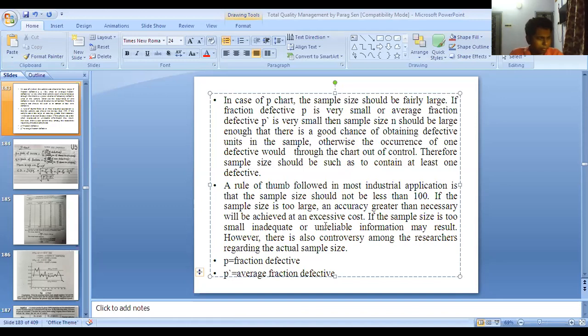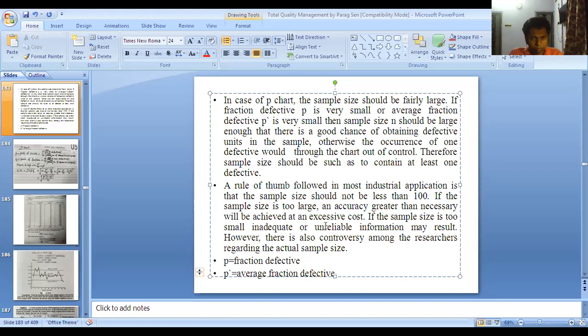It can happen. And another thing is that if you choose a very large sample size, then obviously the scope of having defective items will be more. But in that case, you need to check each and every sample, so automatically your cost of quality will go up.